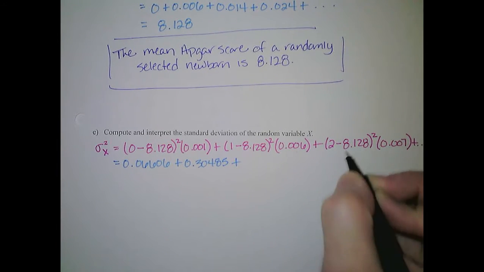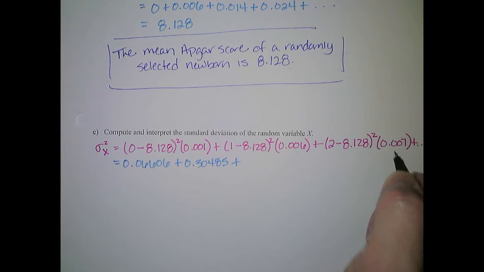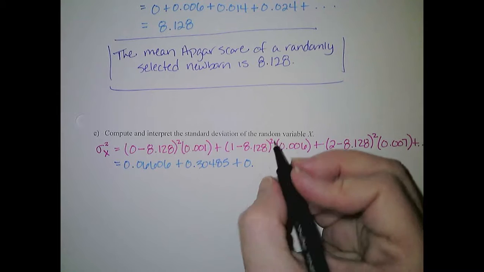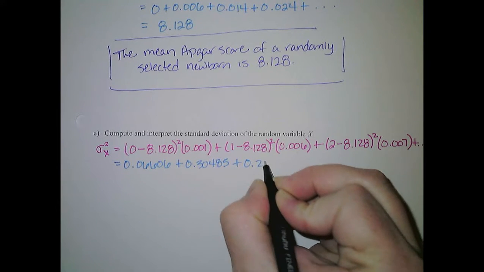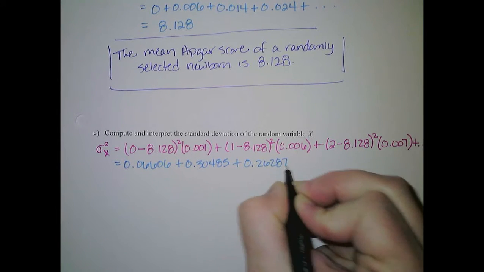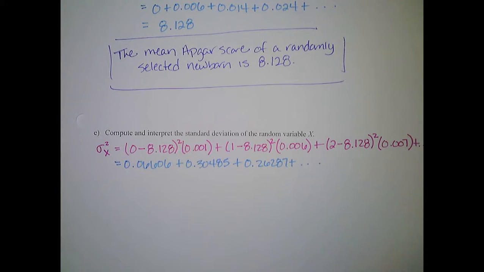Our next squared deviation times its probability would be 0.26287. And we would continue that process until we got to our last possibility, which would be 10, and find its squared deviation, multiply it times its probability, 0.053.